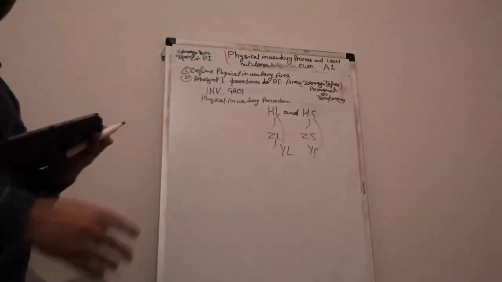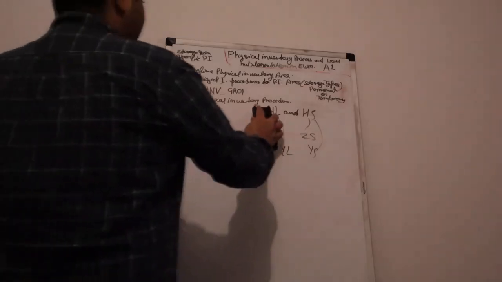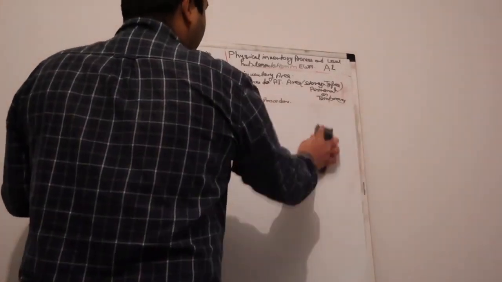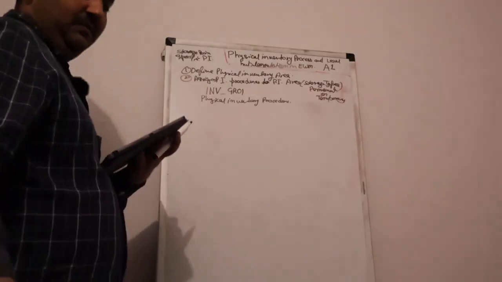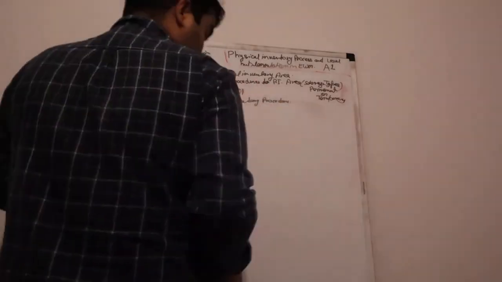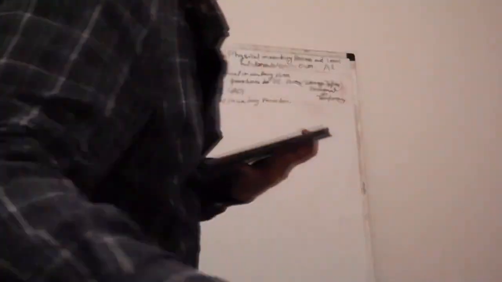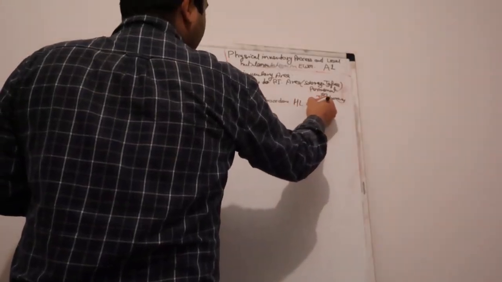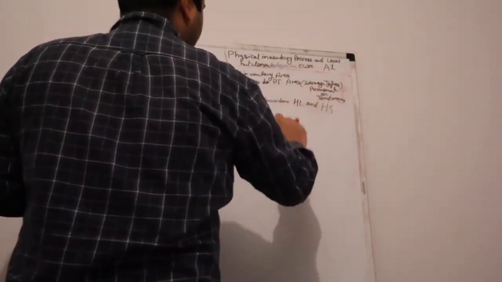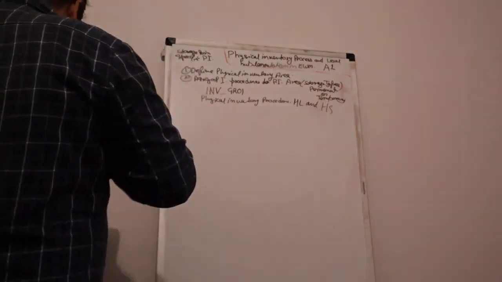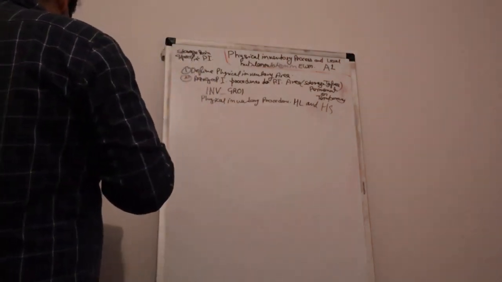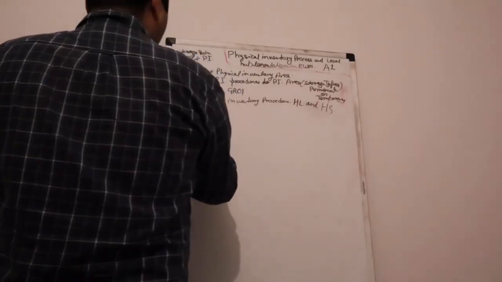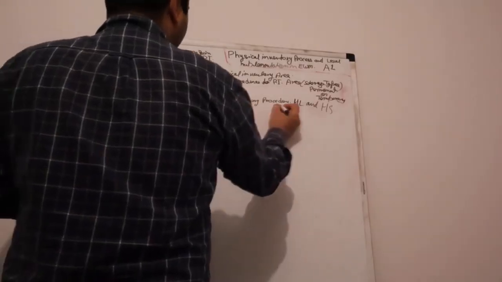It depends upon our business requirements, but I will explain. We have here physical inventory procedures HL and HS. Remember these two. So this is my first point, physical inventory procedure.